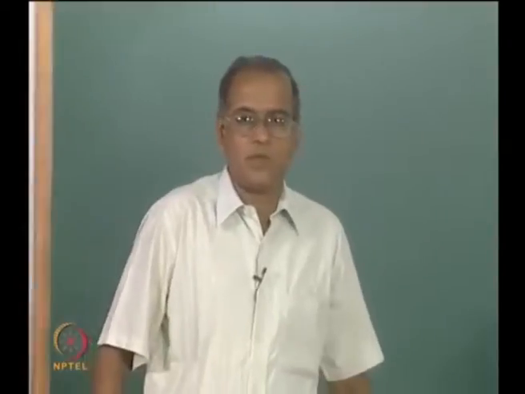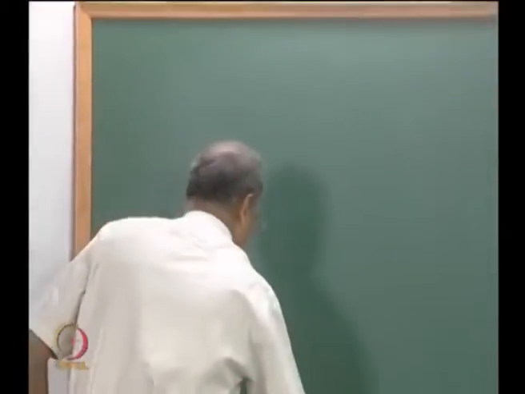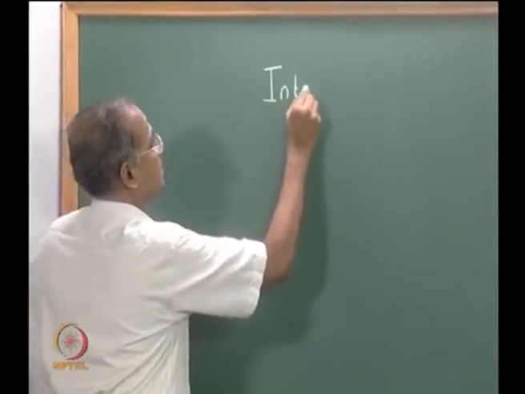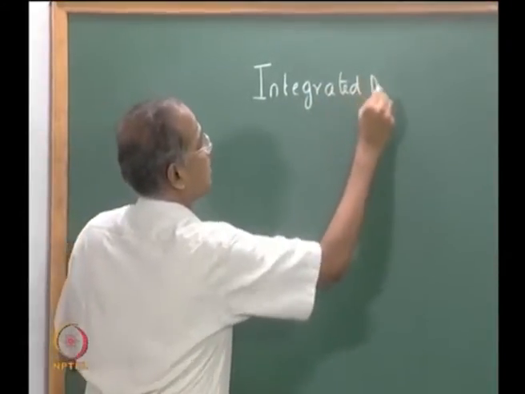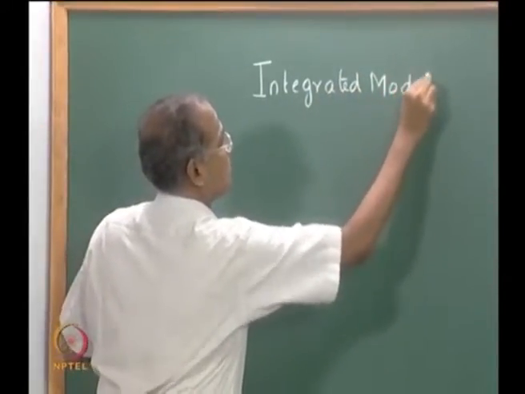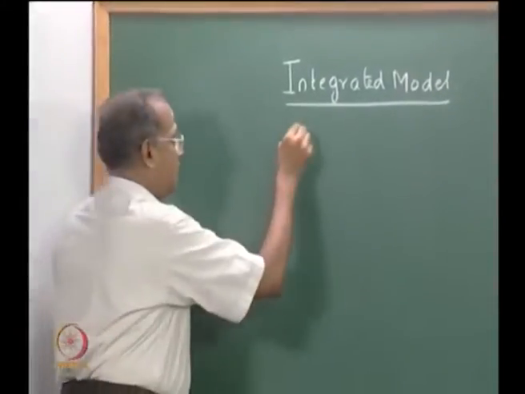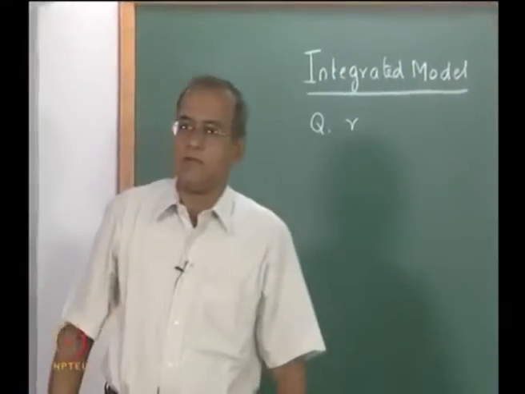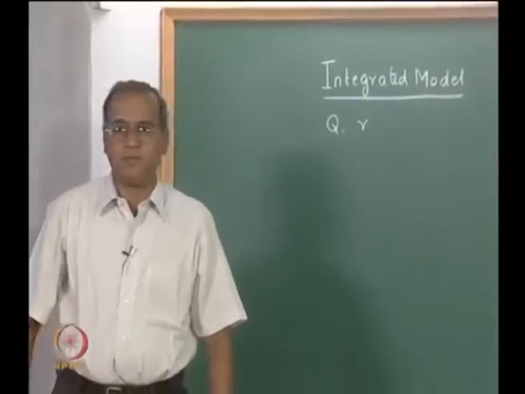In today's lecture we will develop an integrated model where in a single model we try to find both Q and R, where Q is the order quantity and R is the reorder level.